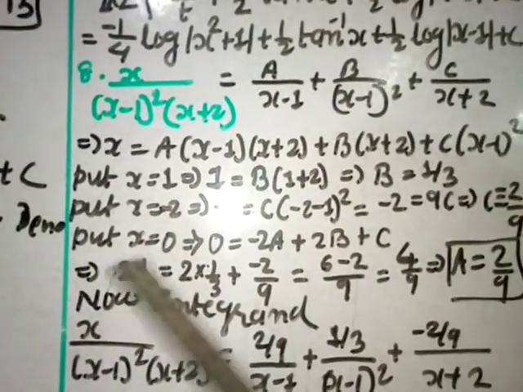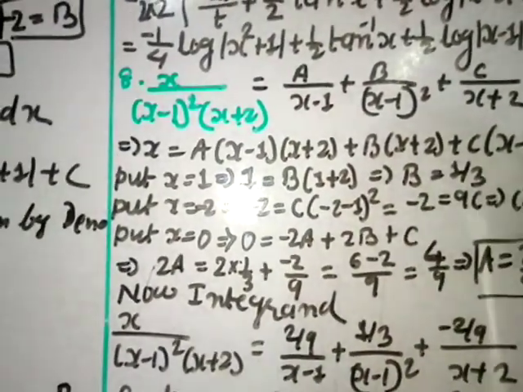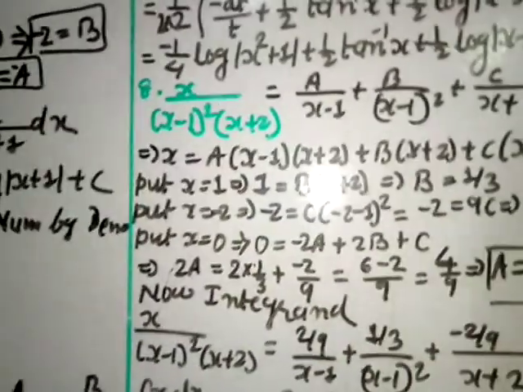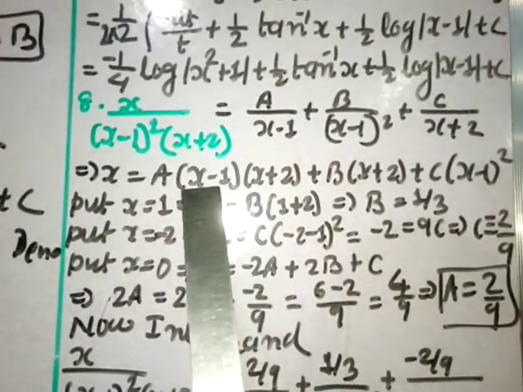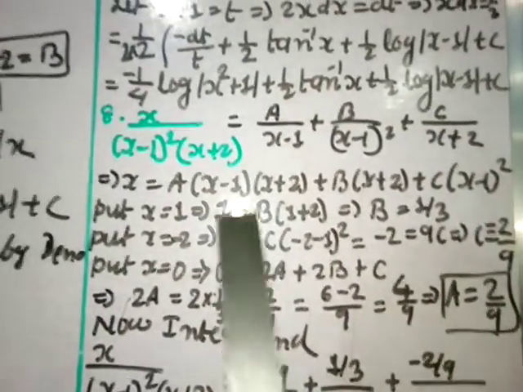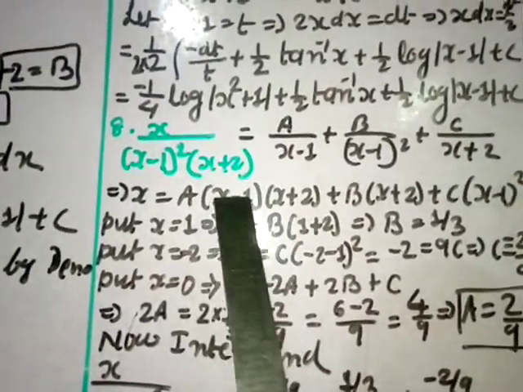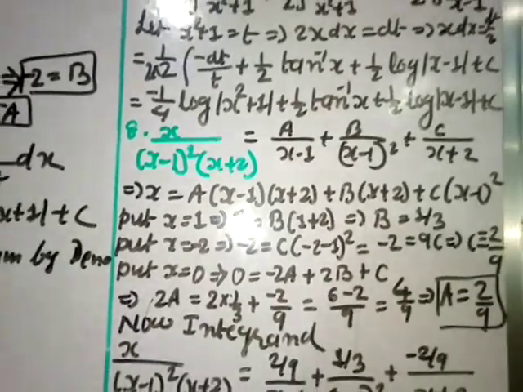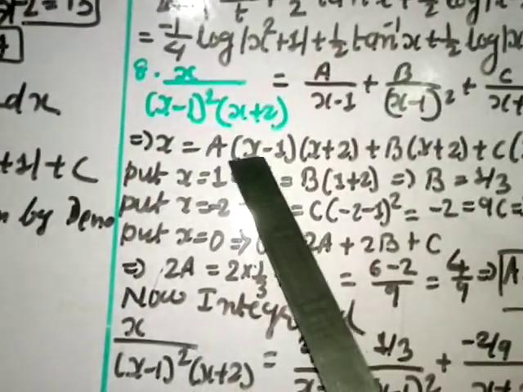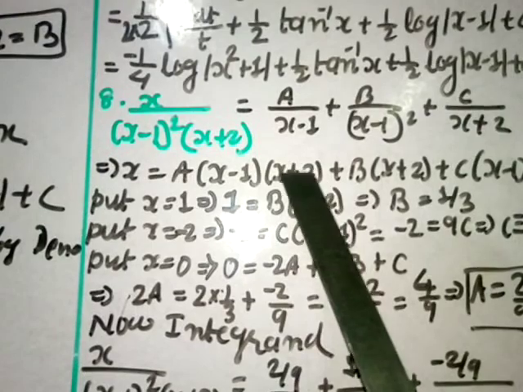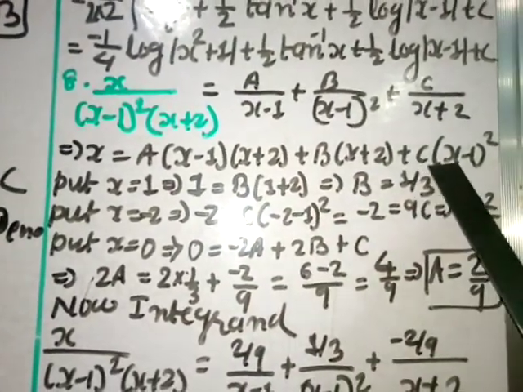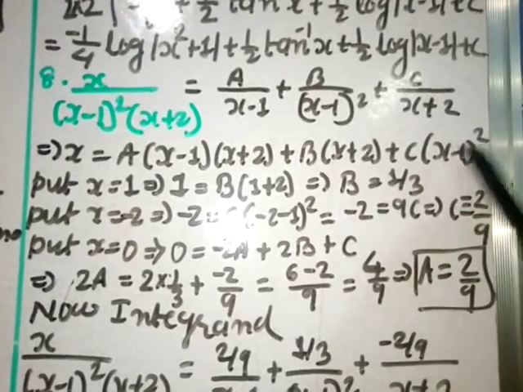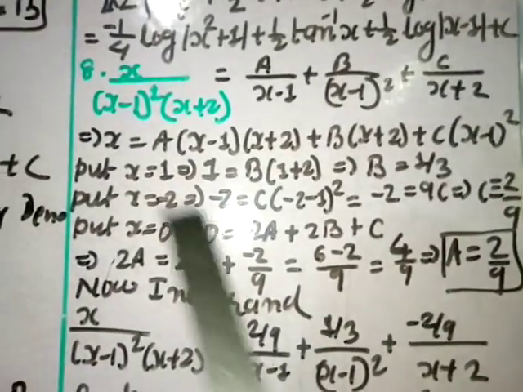Now put x equal to 0. Since there are no more zeros, you can put 0 or any number you have not used. So I'll put 0. When you put 0, not everything will cancel. Here remains minus a, here minus 1, 0 plus 2 means 2a, so minus 2a, plus 0 means 2b, plus minus 1 square, 0 minus 1 square is 1, so c, and 0 on this side also.